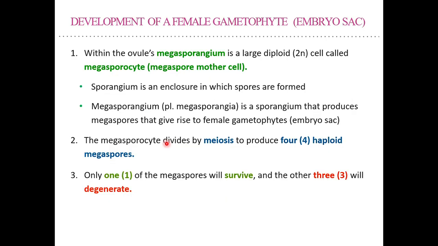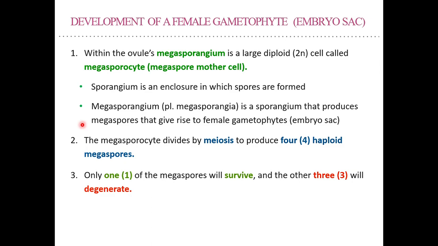So within the ovule's megasporangium, there is a large diploid 2N cell called the megasporocyte, the megaspore mother cell. A sporangium is an enclosure in which spores are formed. Megasporangium is a sporangium that produces megaspores that give rise to the female gametophyte, or the embryo sac.